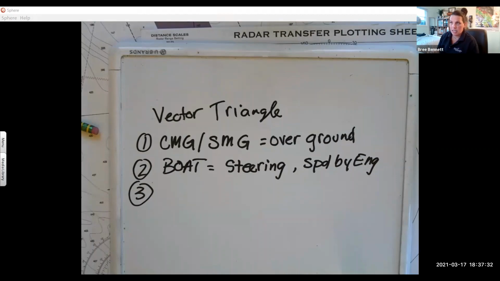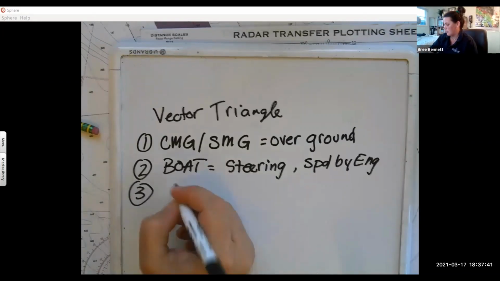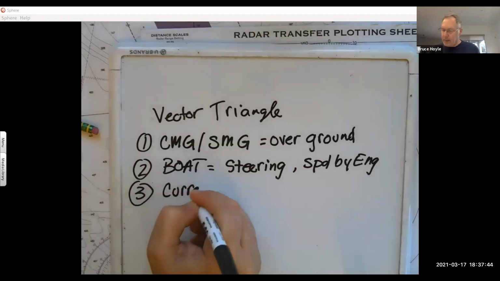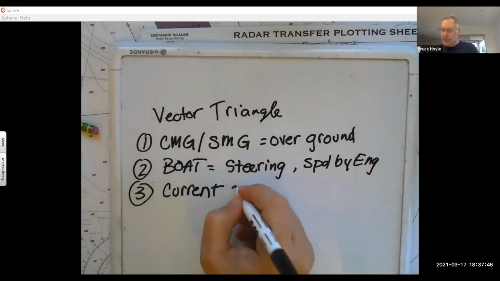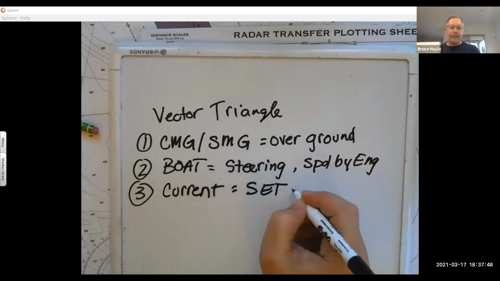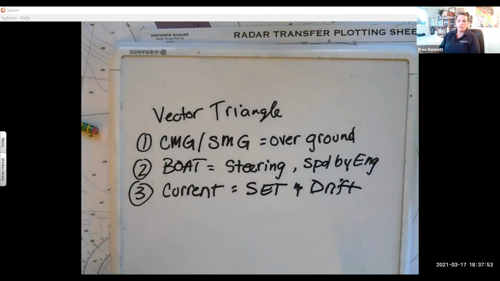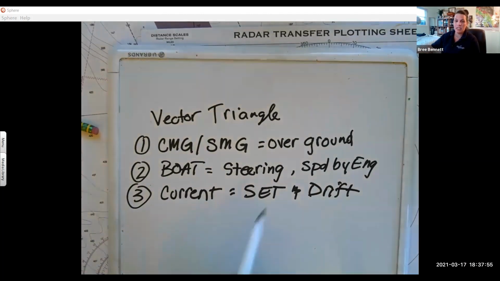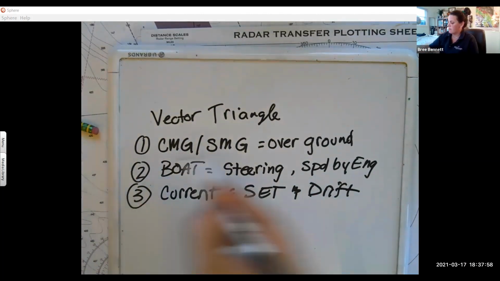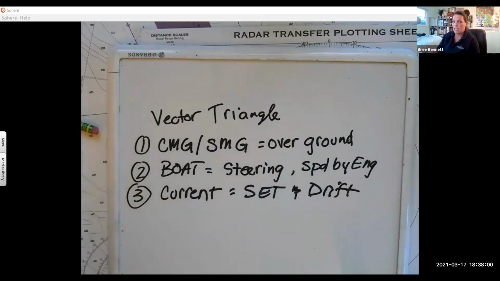Which is harder to calculate by sailboat, I understand that. And what's the third leg of the triangle? Current. Set and drift. So sometimes we're missing pieces from one or the other, but we have our 3 distinct lines, and we're going to be working with those lines on the chart today.